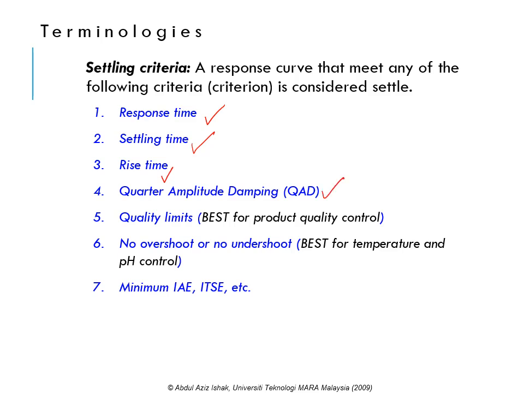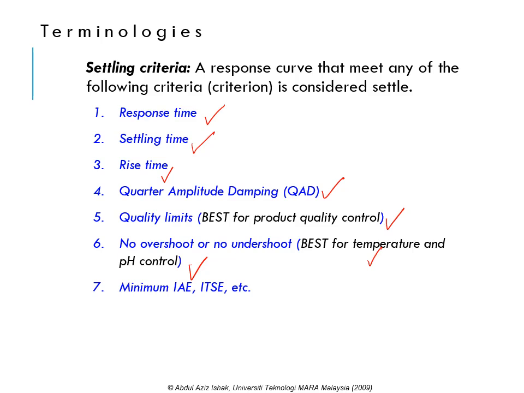And the quality limits, for example, not going beyond 20% for UCL and also LCL in order to ensure high product quality. For the temperature and pH controller, it should behave with no overshoot and undershoot due to its nature that requires a longer time to increase and decrease.